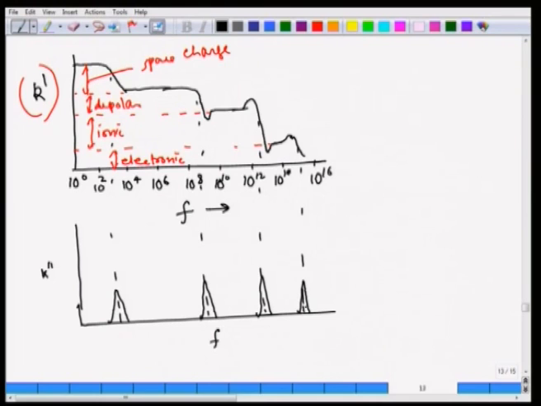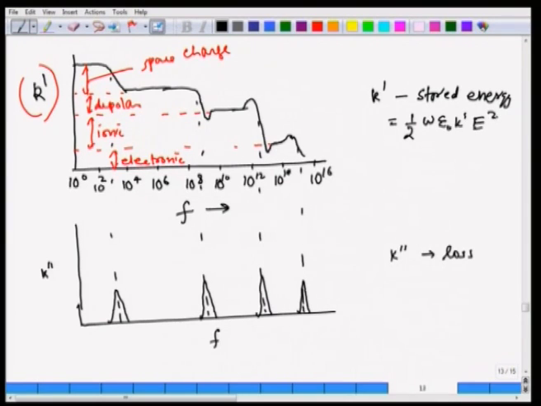You will get K prime. Remember what K prime is. K prime is about stored energy, and K double prime is about loss. That means stored energy, if you do half CV square and integrate over a time period, you should be able to show that it is equal to epsilon naught K prime E square.